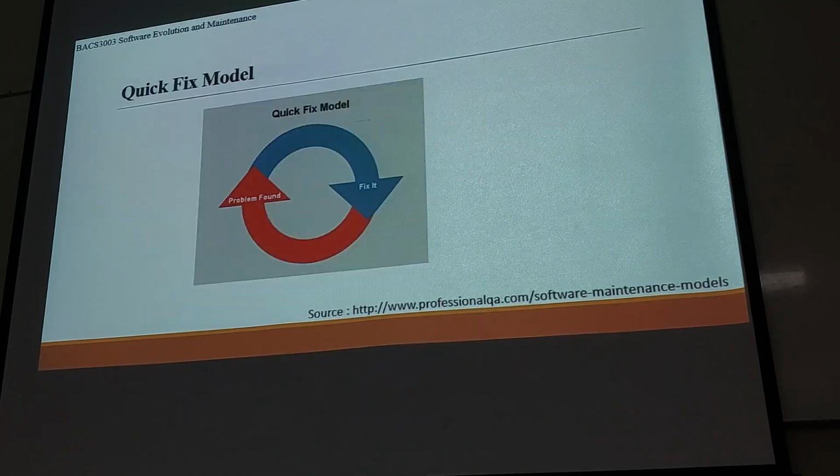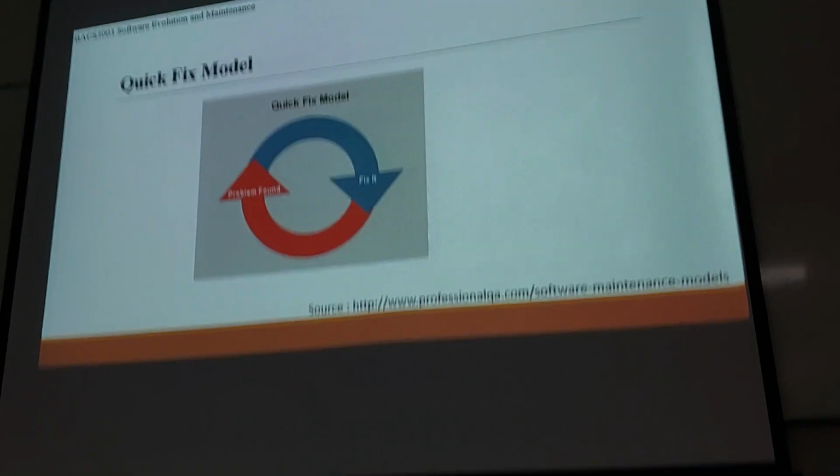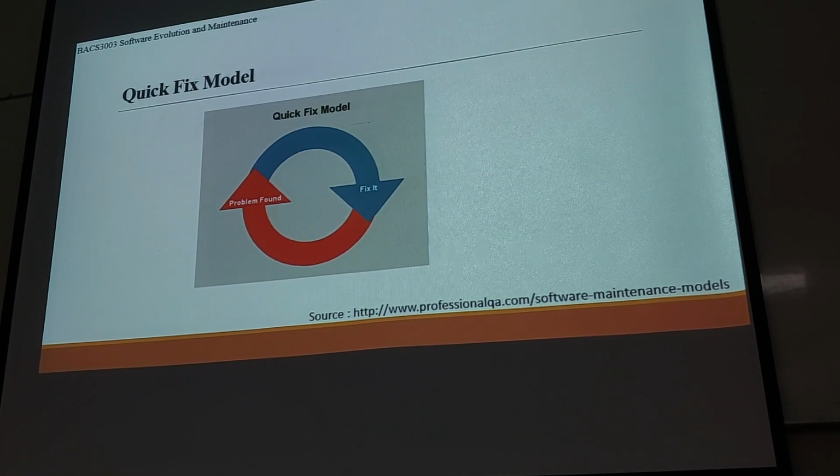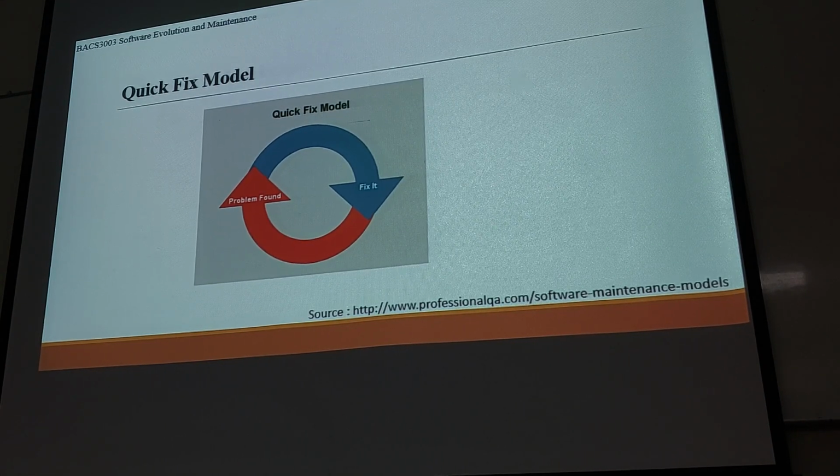The first one is the quick fix model. Quick fix model means that you directly go and modify the existing code. Understand? Directly modify the existing source code and implement it into your maintenance. But in this model, there is a lack of concern about the effect of the modification. Because you directly modify the source code, there is a lack of concern about the impact of the modification.